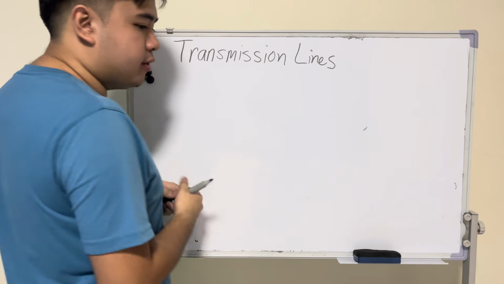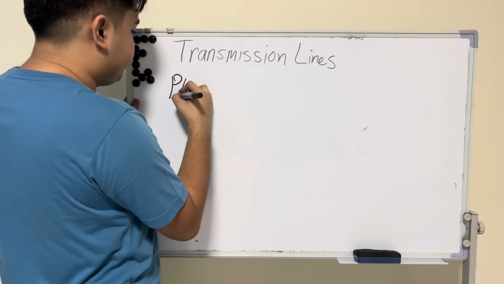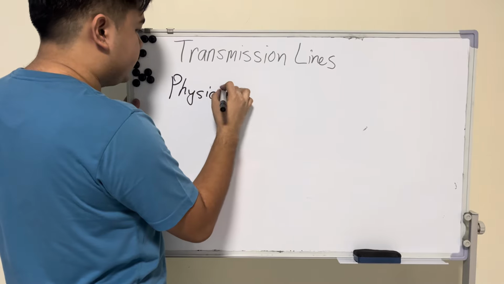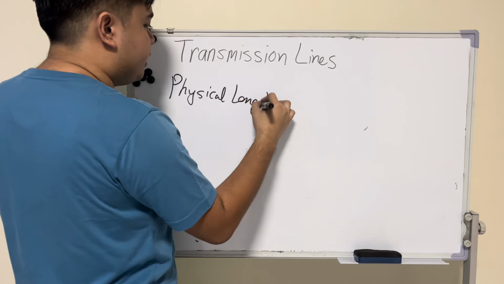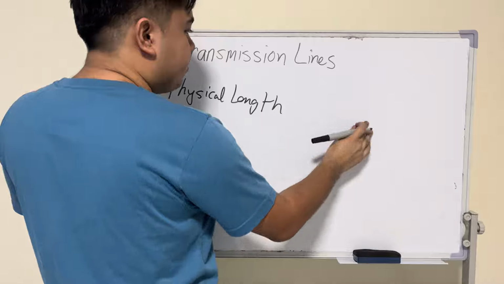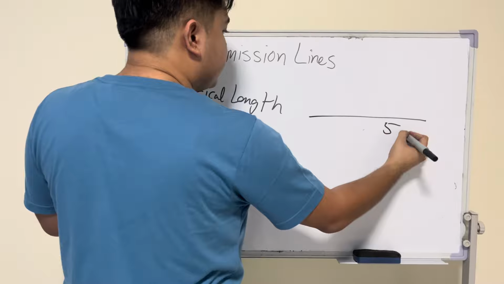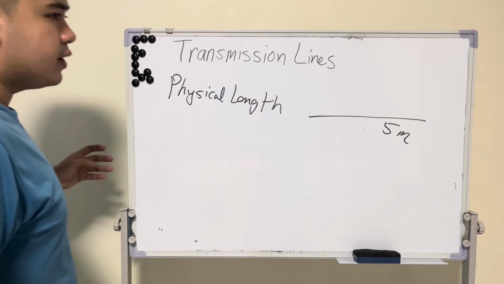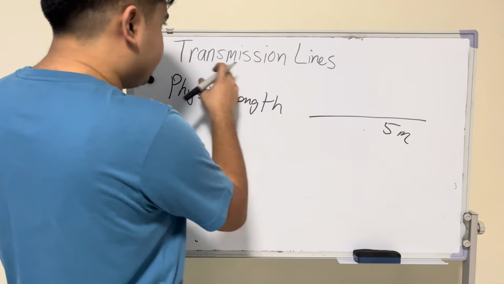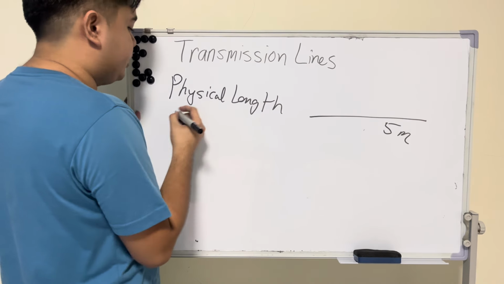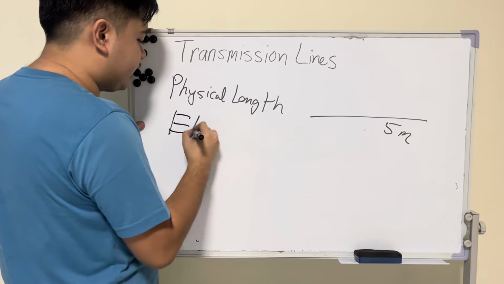Now, in the real world, we have physical lengths. The physical length is measured in meters. For example, something is 5 meters. But in the study of transmission lines, we have something called an electrical length.